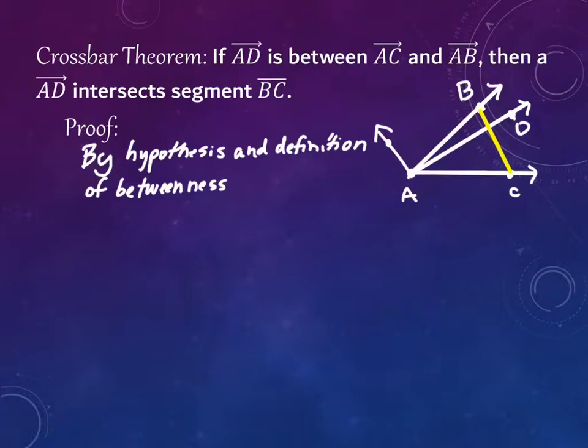So the fact that it's interior matters to our discussion. So D is an interior point. D is in the interior of our angle CAB.